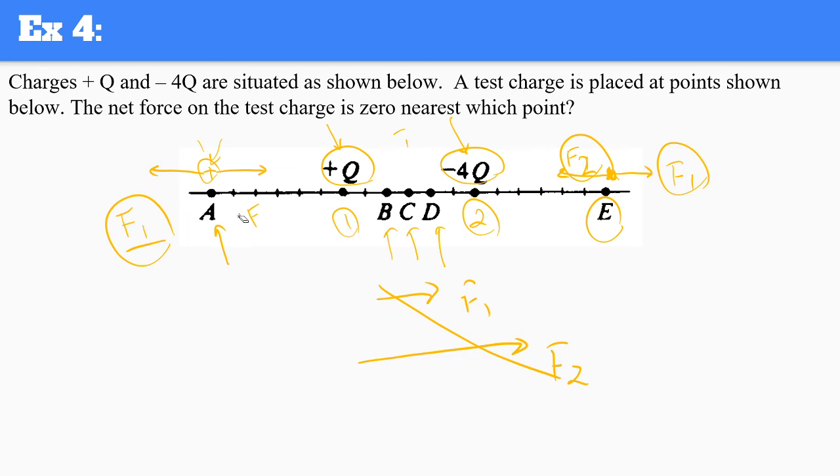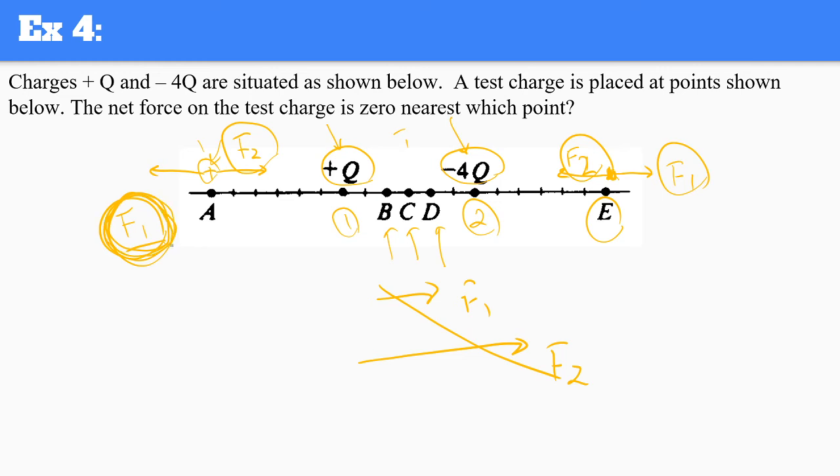Then what should we think about? We should think about placing the weaker charge's force closer, right? Because if you are closer, then you're going to have extra force. Then F1 and F2 can be equal.